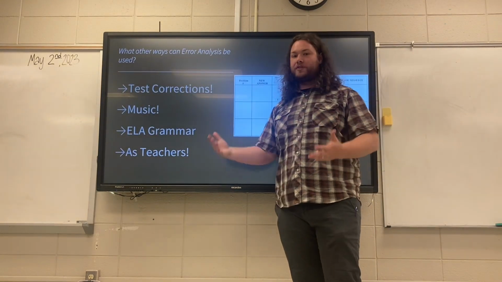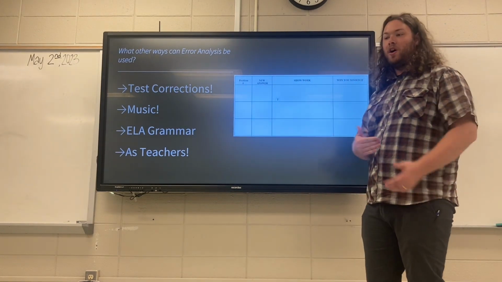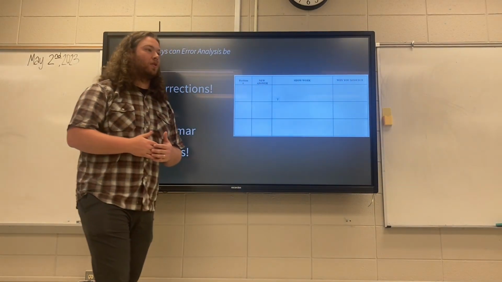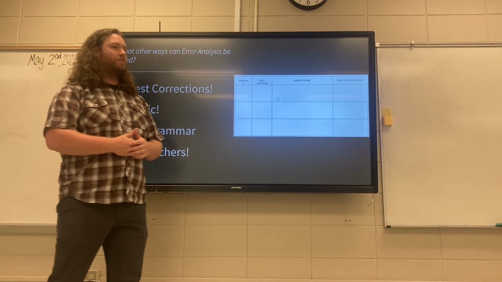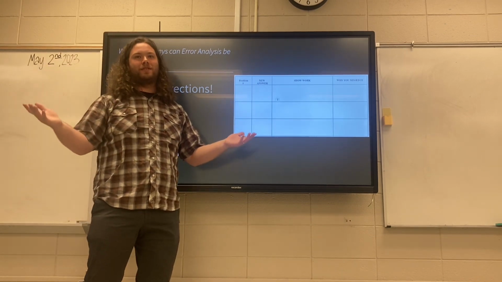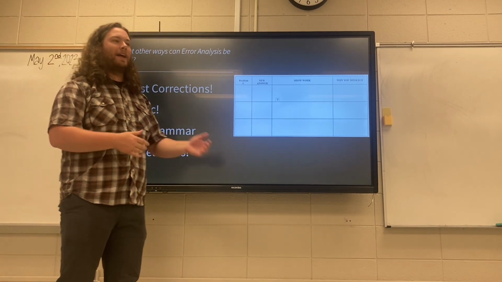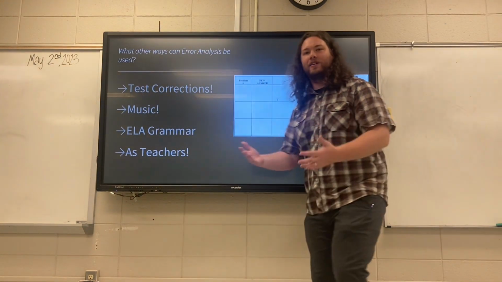What other ways can we use error analysis? Well, test corrections. Almost all middle and high school teachers do these now, and if you're doing them well, you're doing error analysis. Instead of your students saying, I guessed, you want your students to say why they picked that answer. Oh, well, I guessed C because I thought it was the best answer.